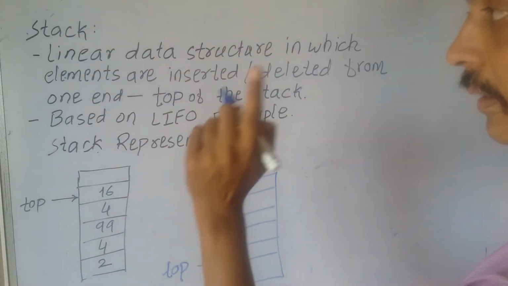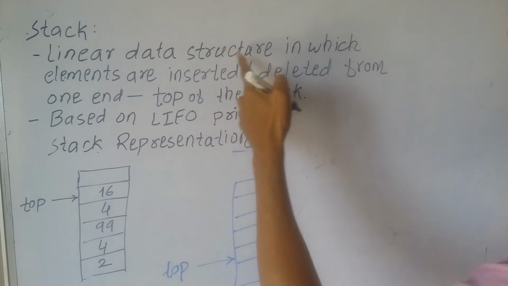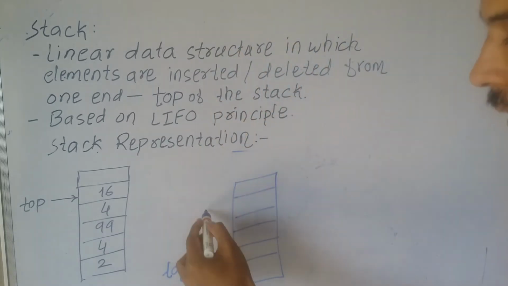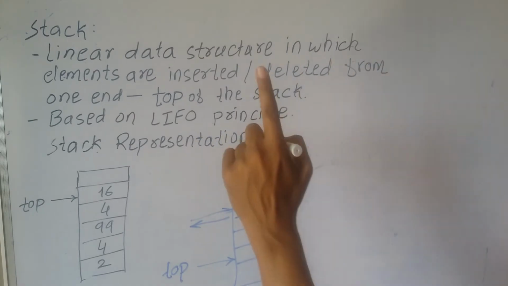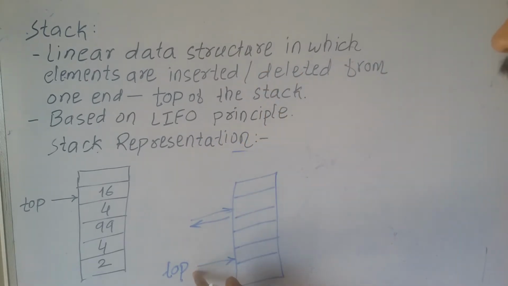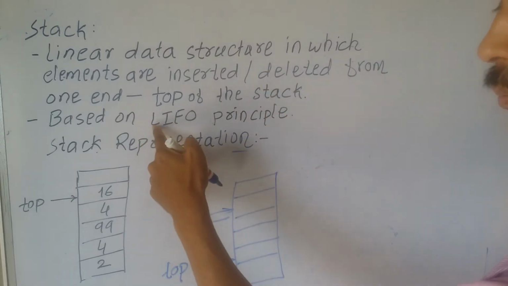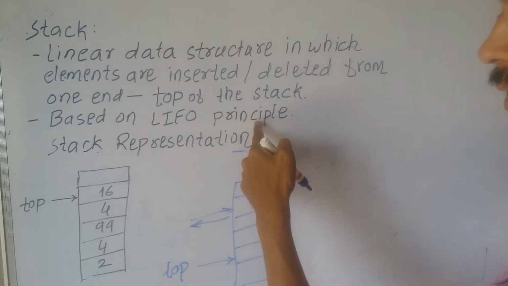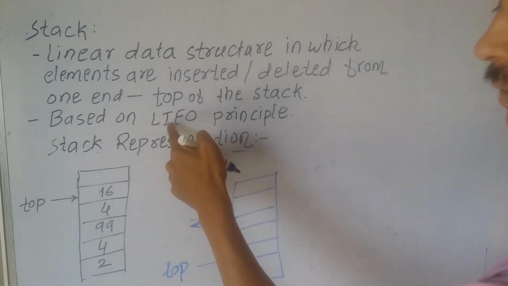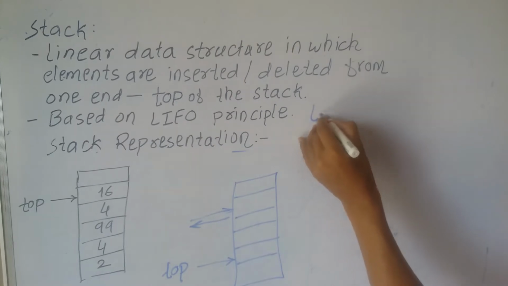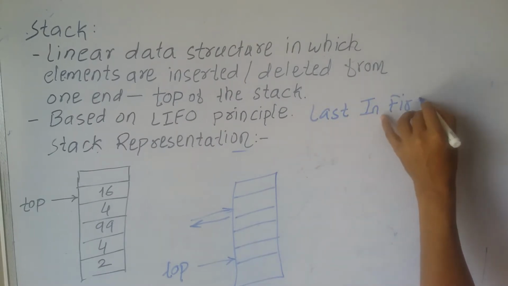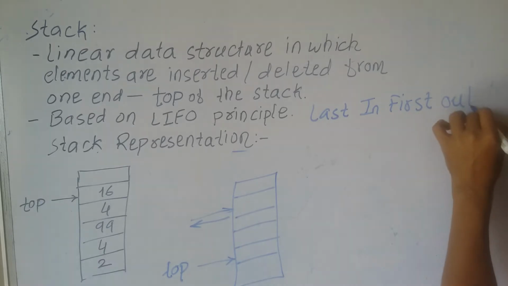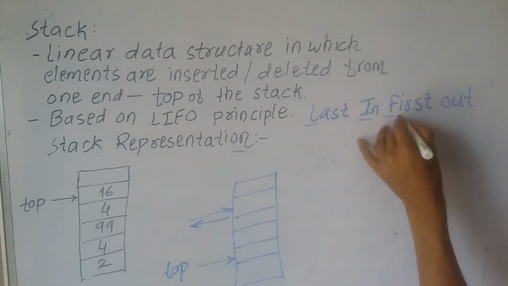So stack, again I am repeating, stack is a linear data structure in which elements are inserted or deleted only by using one end, that is called as a top of the stack. It is based on the LIFO principle. What is the meaning of LIFO? Last in, first out. LIFO, L-I-F-O.